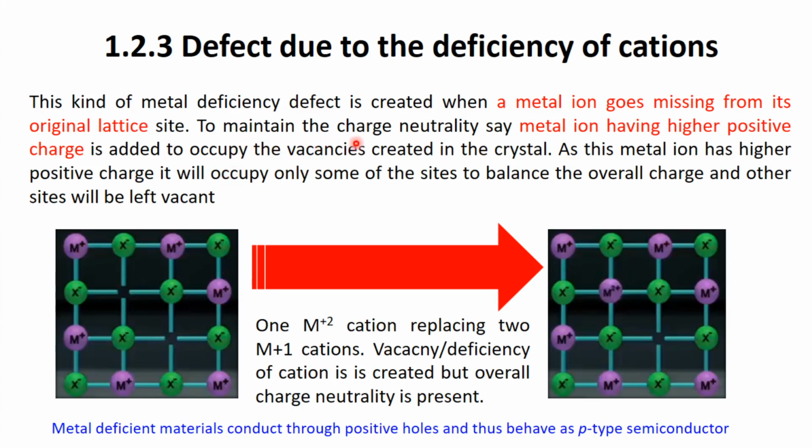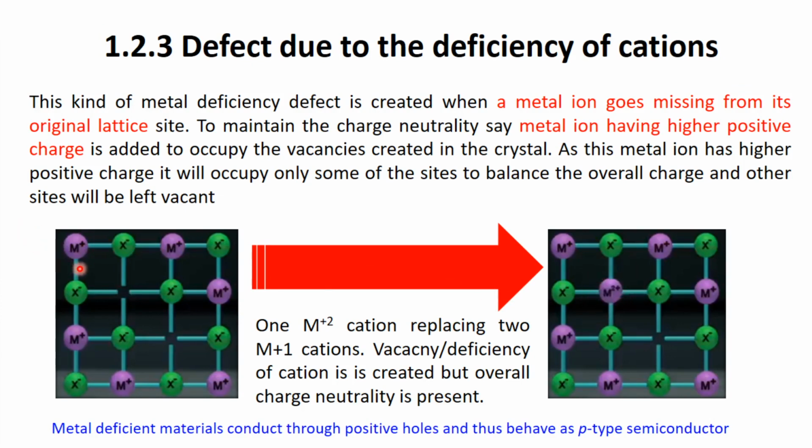To maintain the charge neutrality, a metal ion having higher positive charge is added to occupy the vacancies created in the crystal. So to maintain electrical neutrality, these two vacancies can be replaced by only one cation having charge M plus 2.